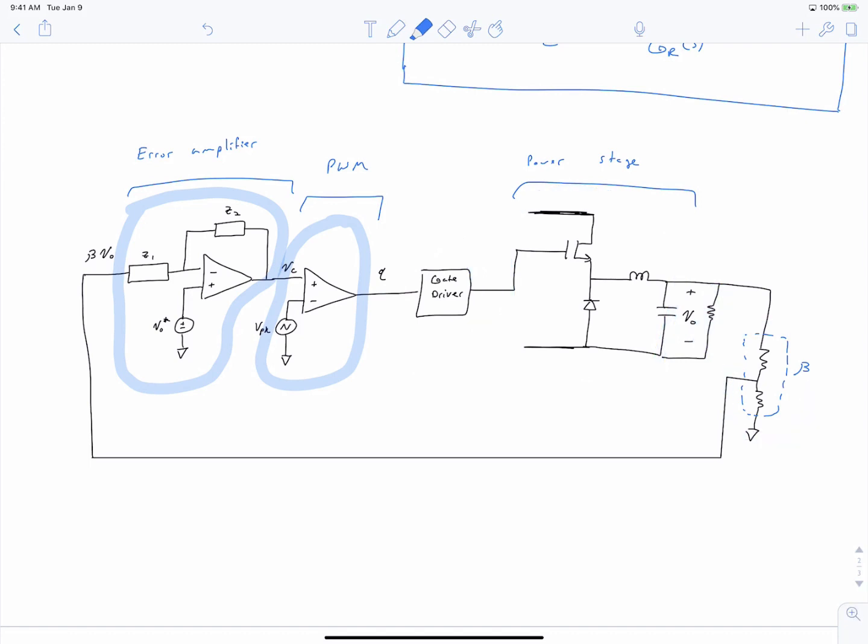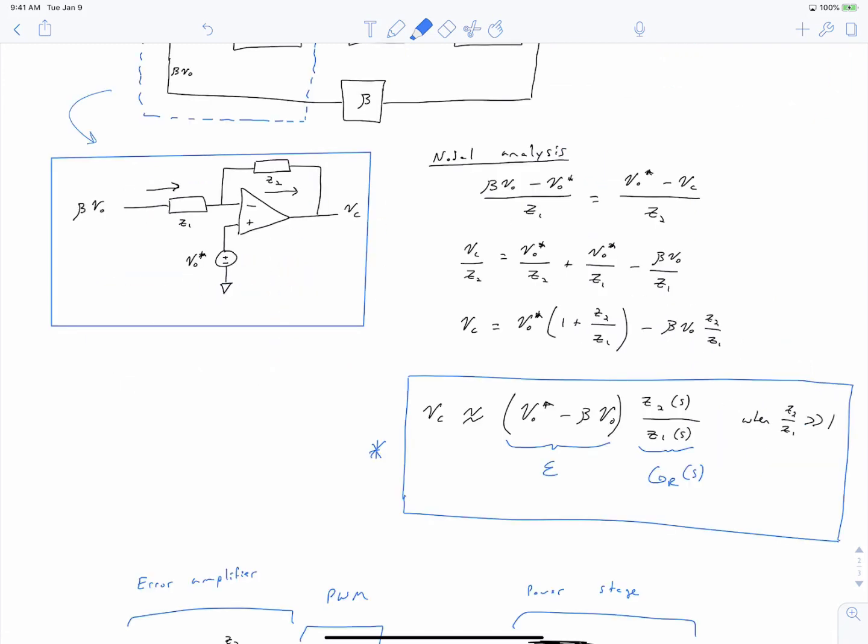I want to remark on one other design-oriented detail. We've said that this equation for our error amplifier is true only when Z2 divided by Z1 is much greater than 1. So that is the caveat to this simple approach that I've just shown you for implementing the transfer function, that you have to have Z2 over Z1 much greater than 1.